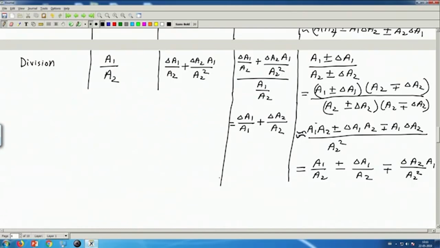So here you see this is once again the relative error in A1, this is the relative error in A2. So for division also the relative error gets added.